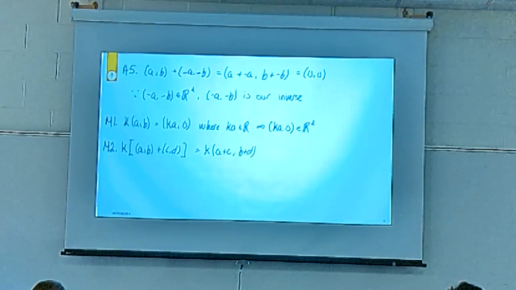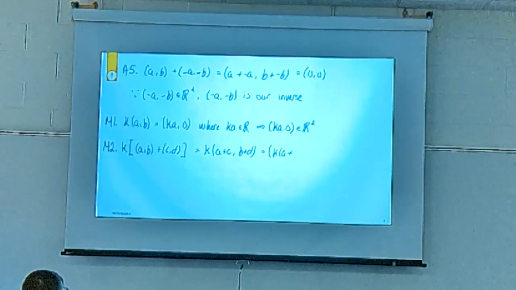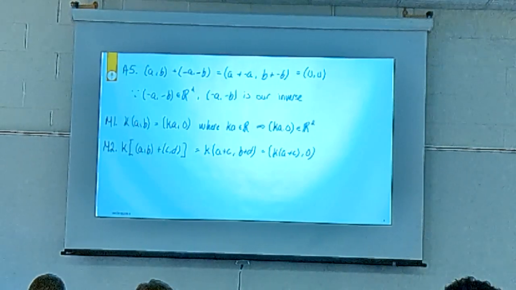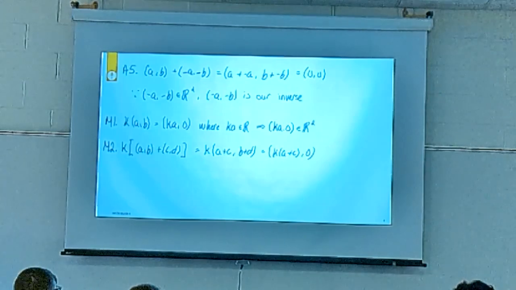That's what (A, B) plus (C, D) is. Now, by definition, for this to work, K times (A, B) is equal to (KA, 0). Wouldn't that mean that B or K has to be 0? Well, it would have to mean B is 0. No.